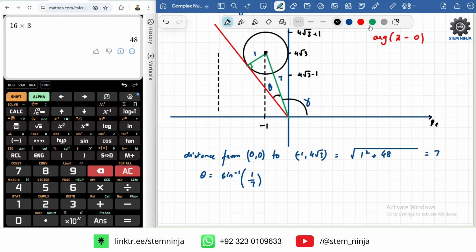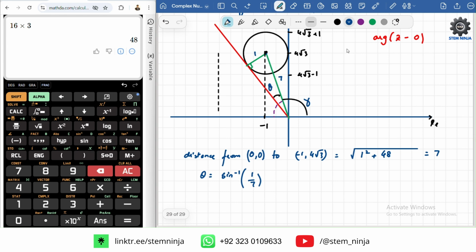Hypotenuse is 7. So that way, which angle are we getting? That way we will get particularly this angle. So you can subtract that from 180 also, pi. So different methods to do this.